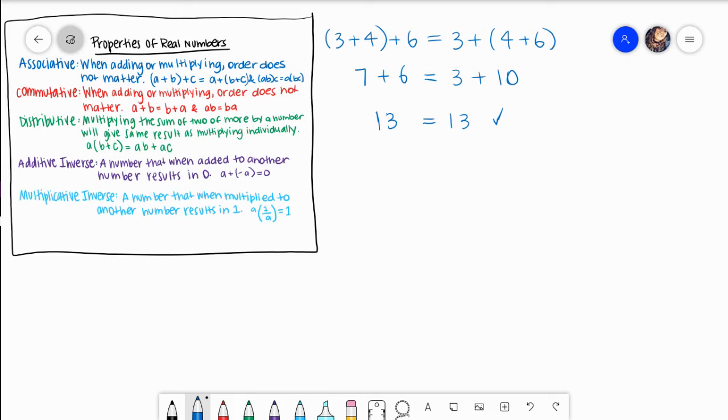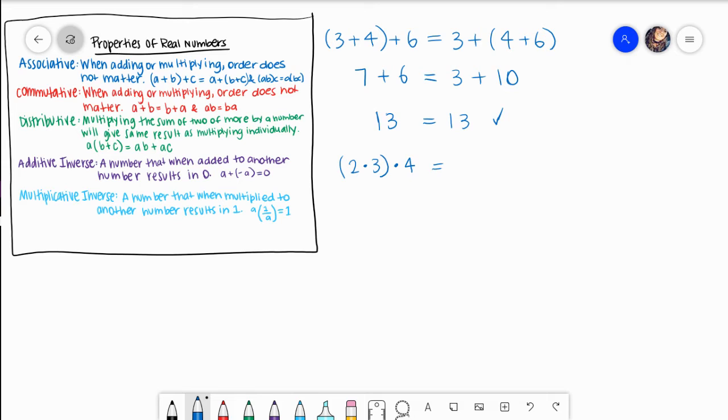Okay, so an example of this for multiplication would be similar to doing in parentheses 2, let's do our multiplication symbol here, in parentheses, if we have 2 times 3, close our parentheses, and we're going to multiply that with a 4.